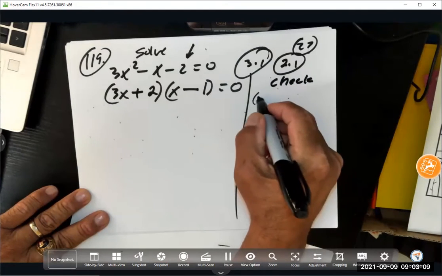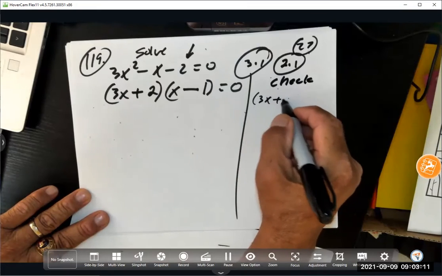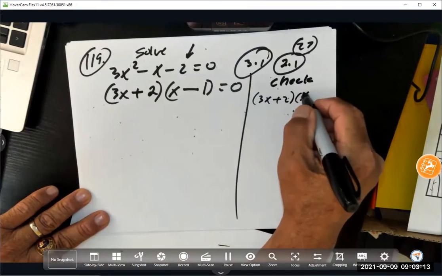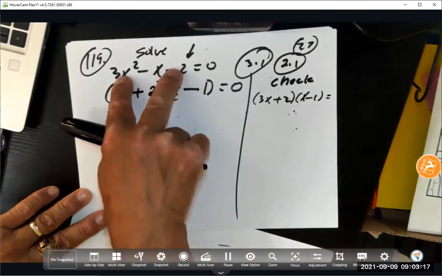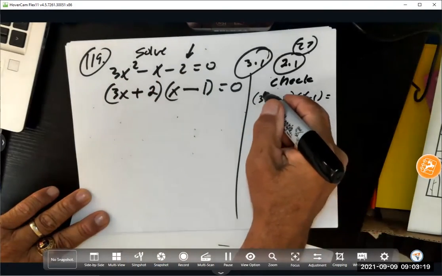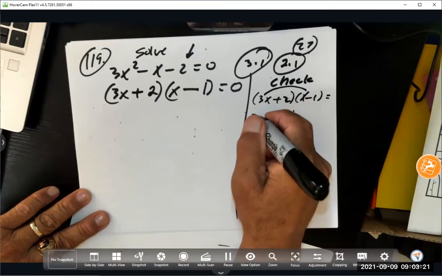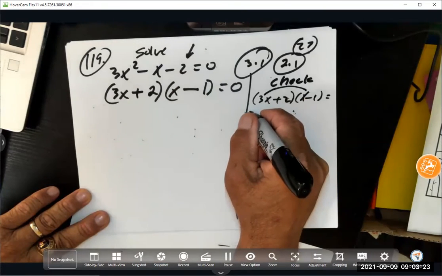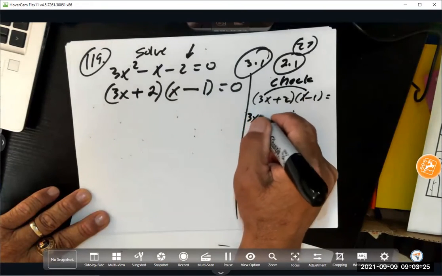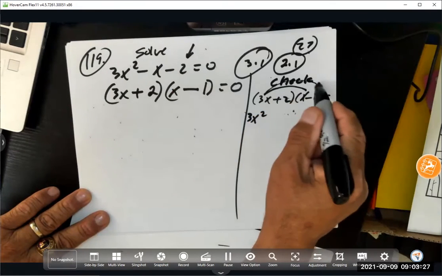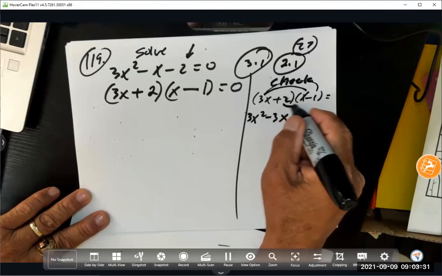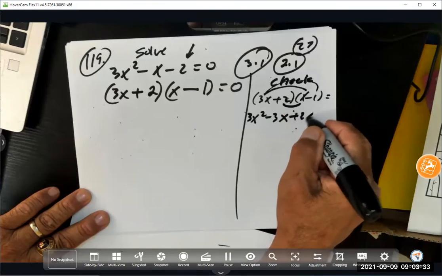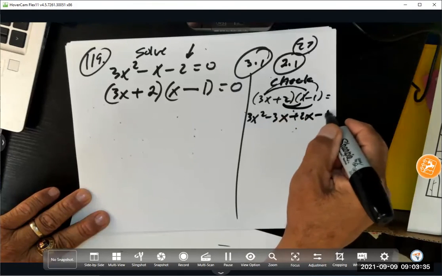I'm going to check that it does work out. We're saying that 3x plus 2 multiplied times x minus 1 will give me this answer. So let's check it. 3x times x, tell me the answer. 3x squared. Yes. And 3x and -1 is -3x. Okay. 2 times x is 2x, and 2 times -1 is -2.